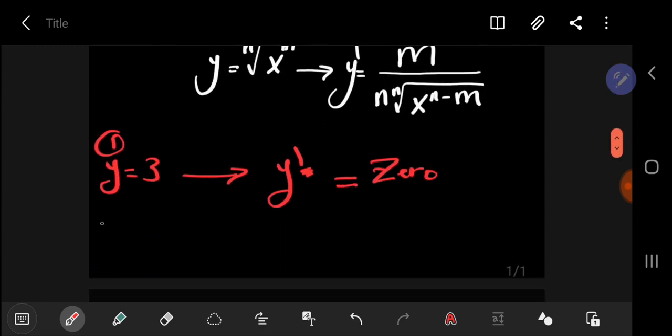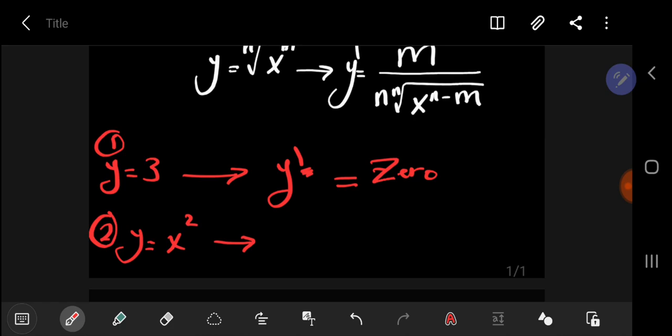For example, y equal to x square. If I want to take the derivative of y equal to x square, what I have is a potential case. What does a potential case mean? It means a function with a power, a variable with a power.